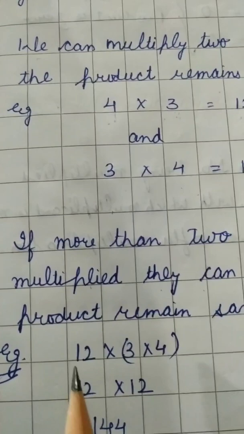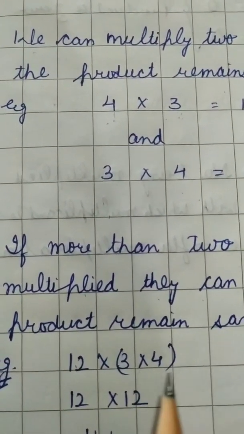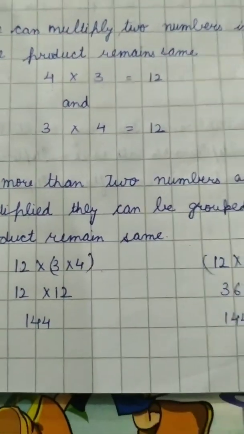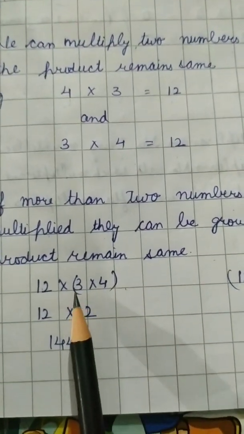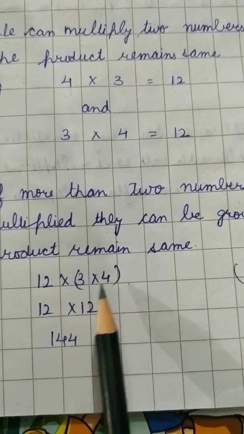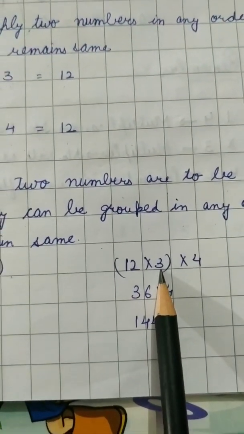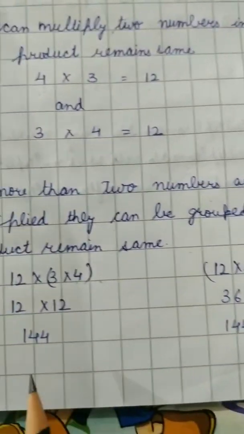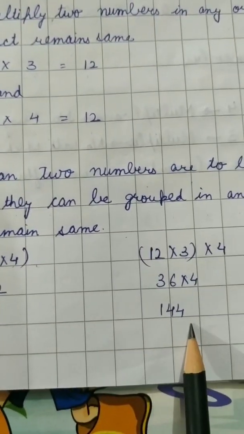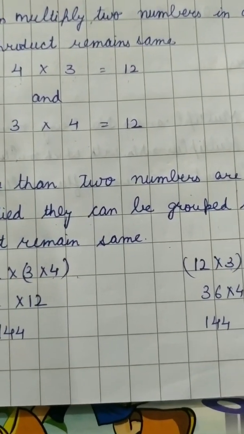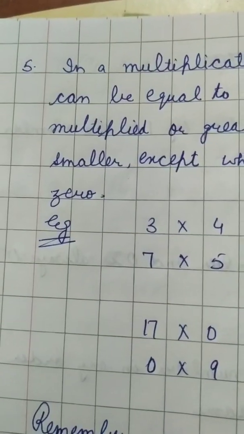Here we have 3 numbers 12, 3 and 4 to be multiplied, in which I have taken 2 cases. In the first case we have grouped 3 and 4 and in the second case I have grouped 12 and 3. When you multiply them, you will get 144 as the answer. So the product remains the same in whatever group they are placed.